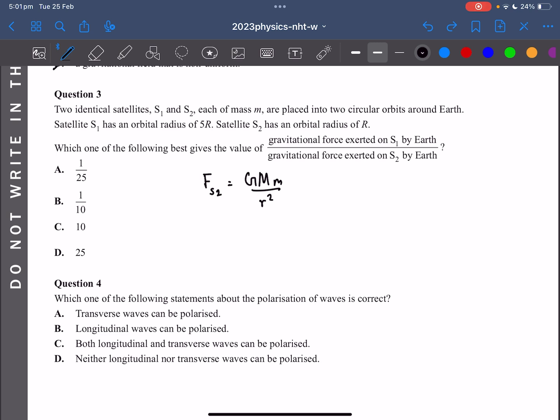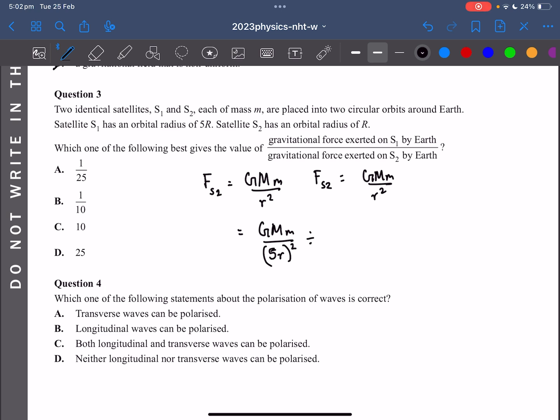So what I'm going to do is say GMm on 5r squared, because that is the radius, divided by the force for satellite 2, which is GMm on r squared again.